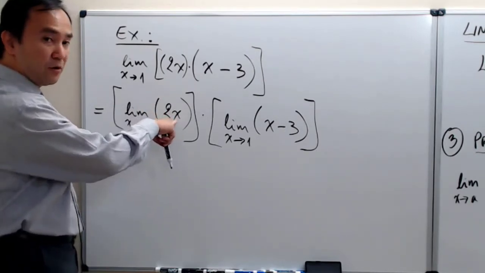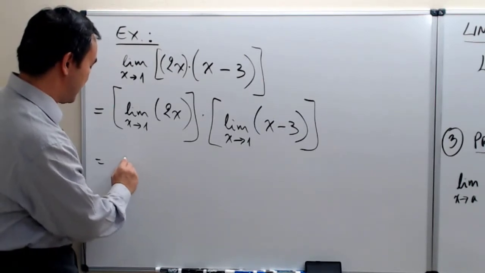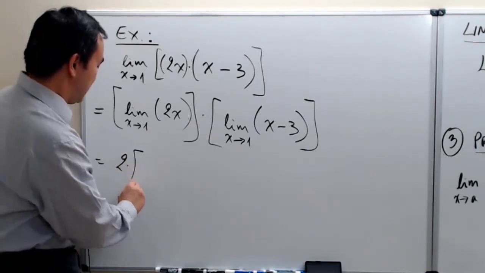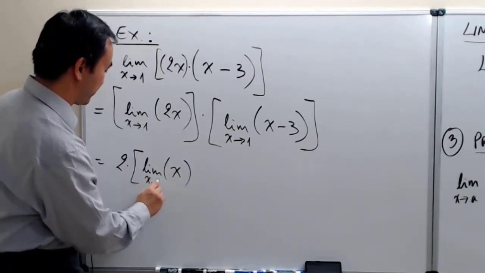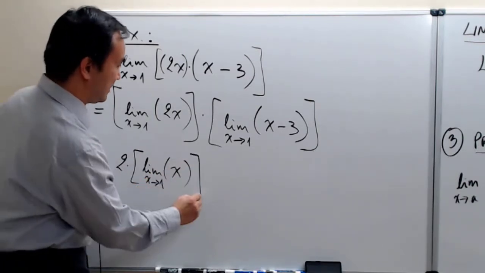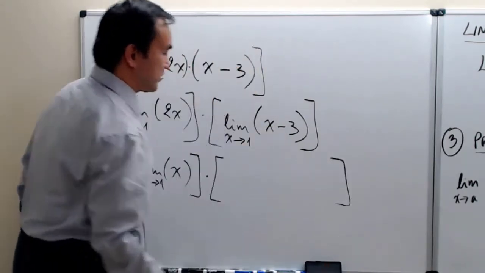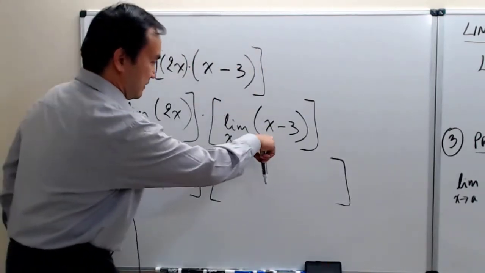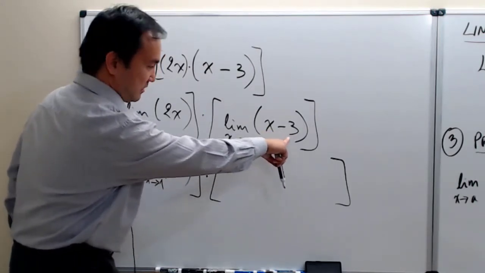It's a constant multiple in this first limit. So that allows it to be nothing but 2 times the limit of the function x, that simple function, where we already had an answer. And then this thing here allows me to open another set of brackets. Here I'm having two terms connected by the minus sign, the difference.